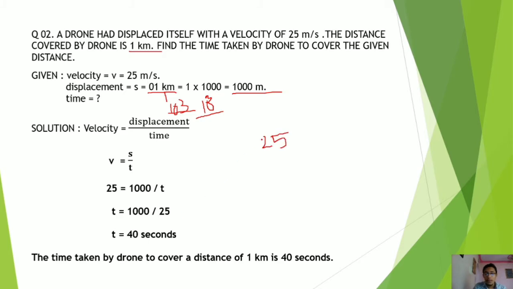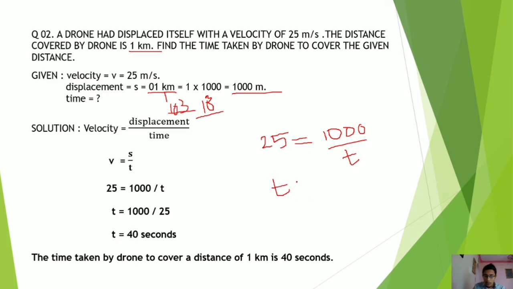Here 25 is equal to 1000 upon t. Now this t, which is dividing 1000, will go to the left hand side.